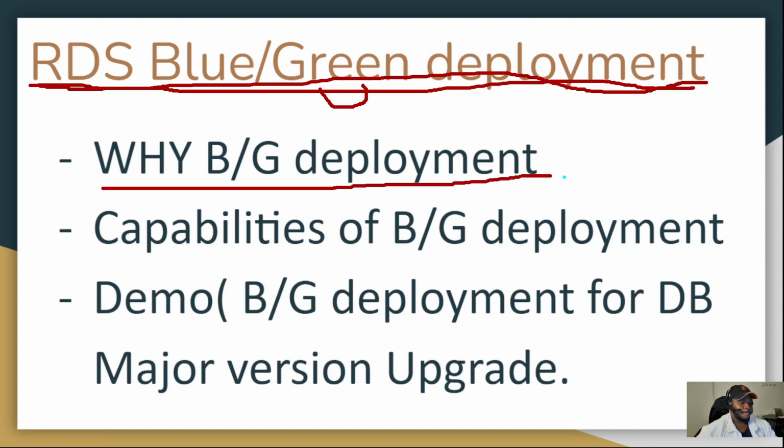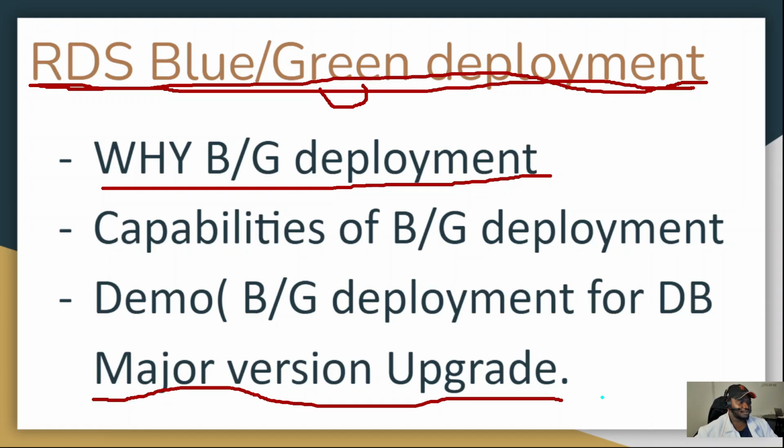Let me give you a background. From the beginning, the goal of blue-green deployment was specifically for major version upgrades, because normally when you do a major version upgrade of your RDS instance, you expect major downtime. The instance has to incur downtime, irrespective of what RDS engine you are running on.